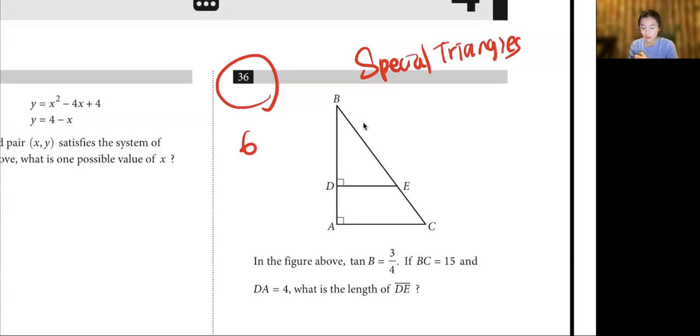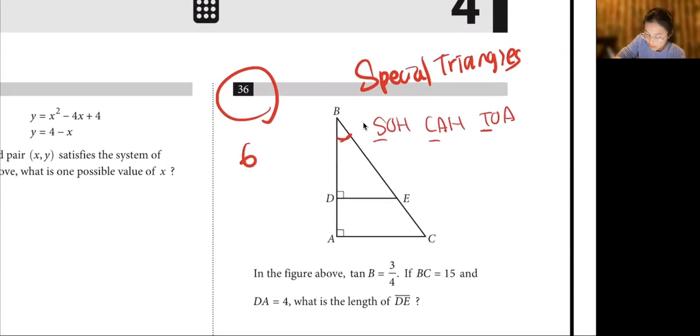So we must label this triangle first. Tangent B is 3/4. What do they mean by that? Please recall SOHCAHTOA.